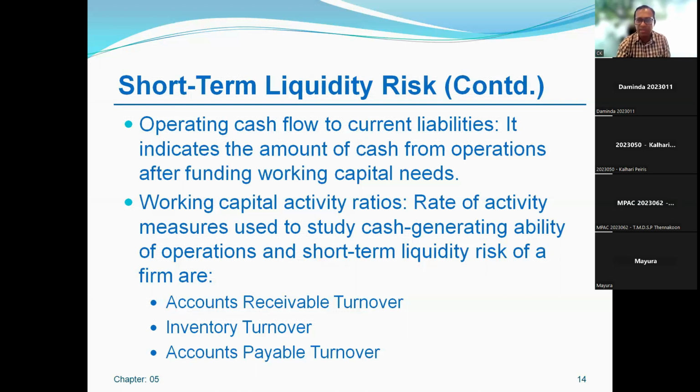How many times your inventory gets converted into cash? So that's the idea behind this. There are different formulas you can use to calculate these things. These are the indicators to explain the efficiency and effectiveness of those areas, right? More than the number, because it's a turnover ratio, it suggests the degree of efficiency, right?